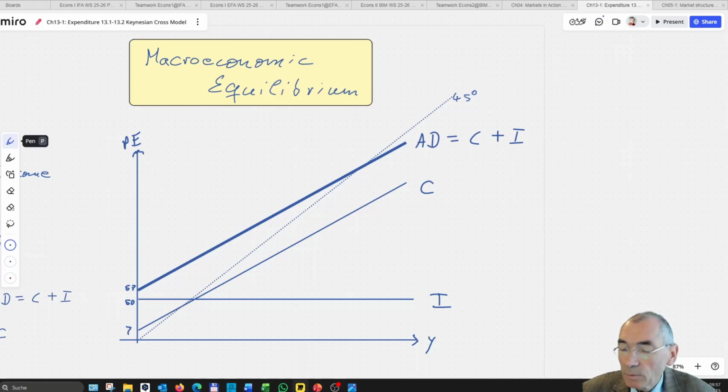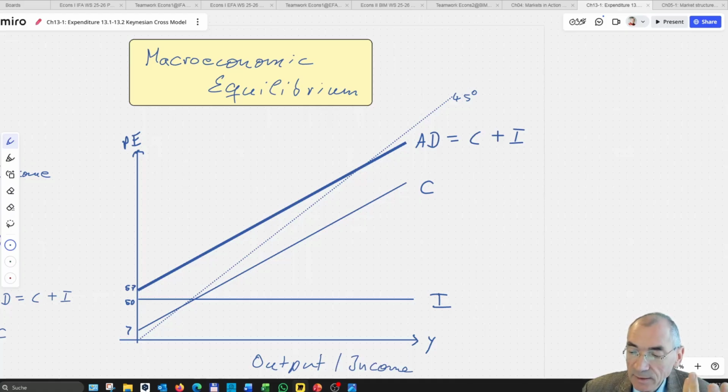This 45-degree line represents all the combinations where y, the output on the horizontal axis, representing also income, has the same value as the aggregate demand represented by the planned expenditure. So we can see when we go up here that this 45-degree line intersects the different lines, and this intersection is the important one where aggregate demand has the same value as the income y. So that's our equilibrium value.